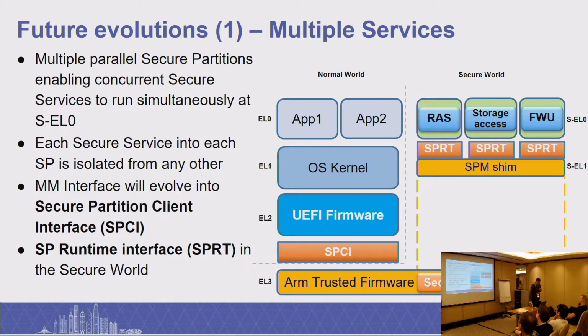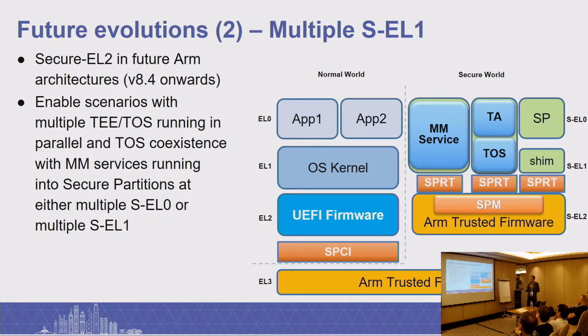Second evolution, number two, that's way more in the future because it will require architectural support at EL2, in order to have possibly a piece of ARM trusted firmware running in EL2. At that point, you will have the possibility to run secure partitions in EL1, so multiple partitions that will embrace EL1.